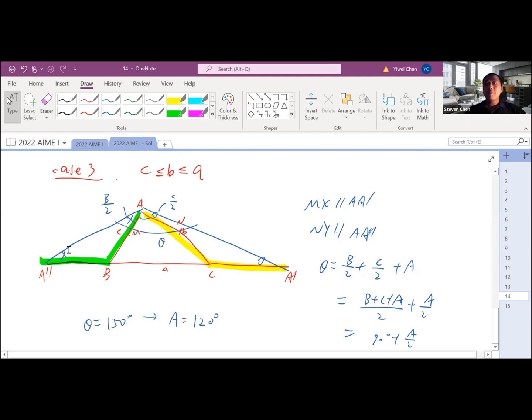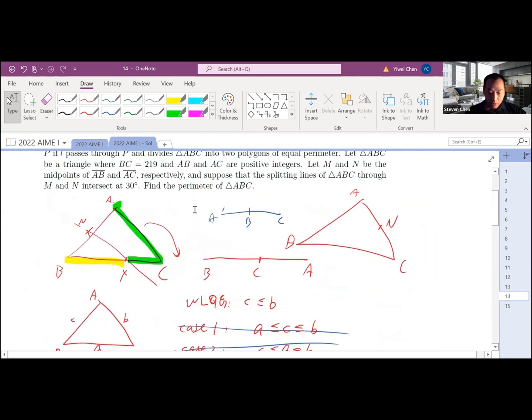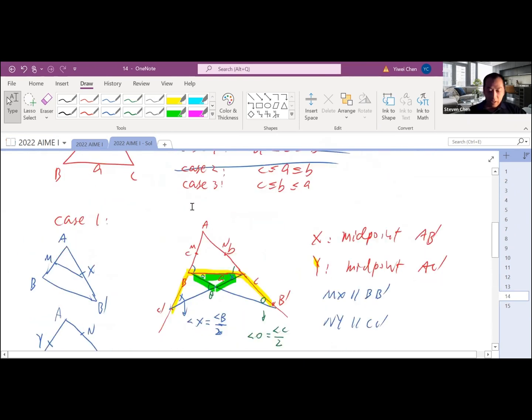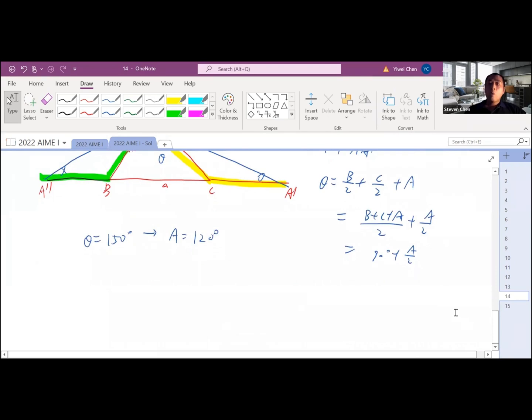So recall that this problem tells us the length of BC. Let me check what that is equal to. Oh, 219. And also it says that AB and AC are integers. And it asks us to find out the length of the AB and AC. So what formula could help us to build up the connection of the length of the three sides of the triangle by knowing that A is equal to 120?